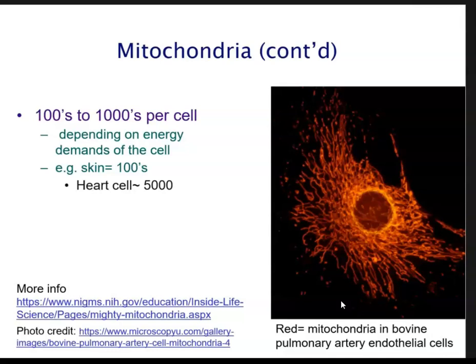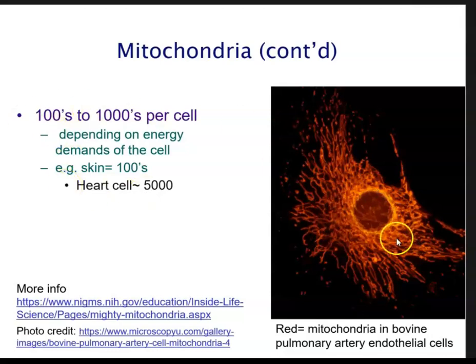Depending on the cell and its energy needs, you can get hundreds of thousands of mitochondria. Our skin has relatively few mitochondria, because our skin cells don't have a whole lot of metabolic activity. But our heart cells, which need a lot of energy to beat, have a significantly greater amount of mitochondria.